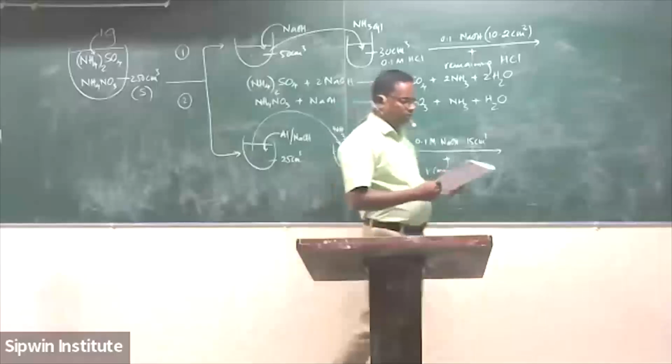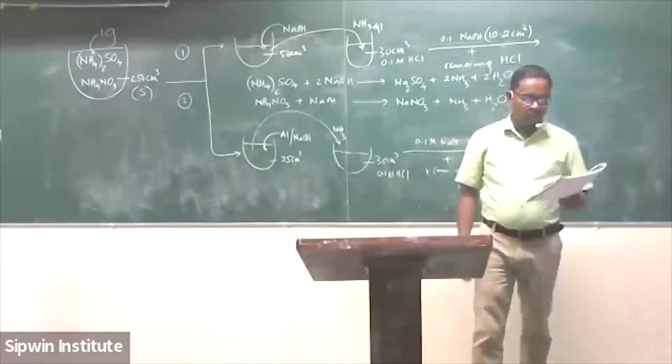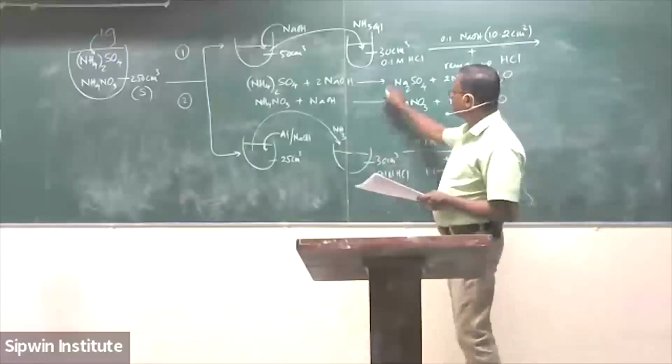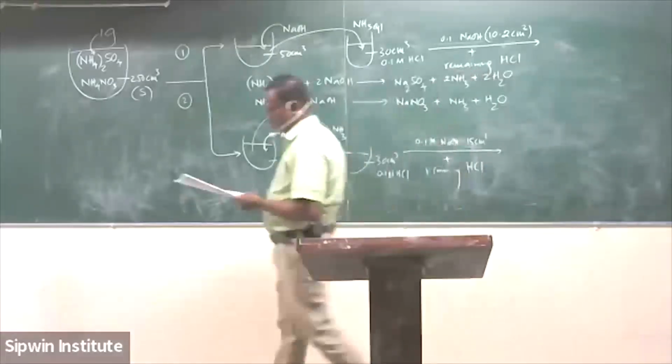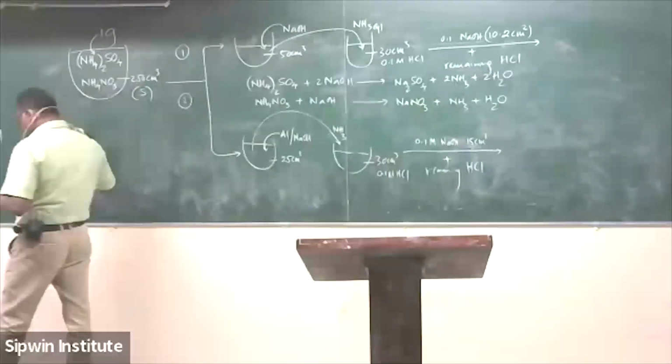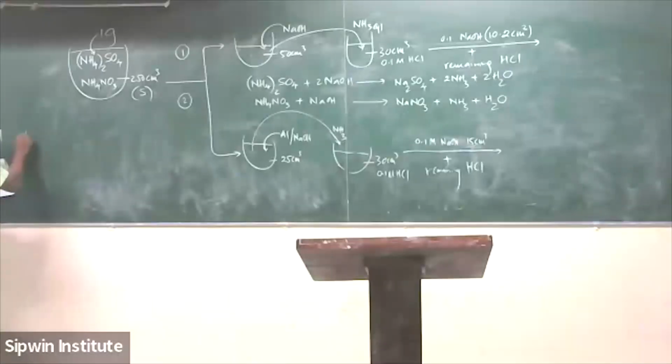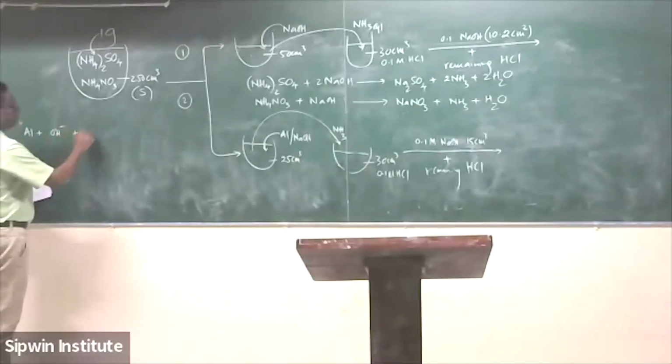So in procedure 2, there is an additional reaction except these two. That is aluminium, OH minus, and nitrate.